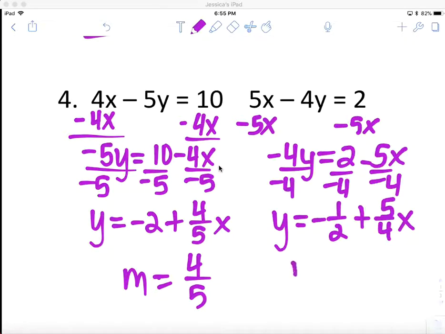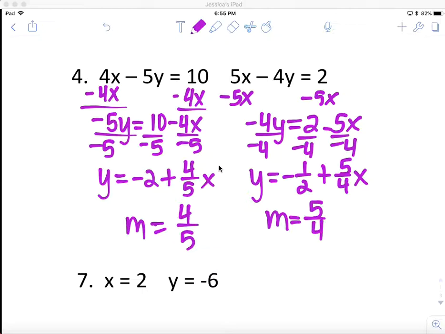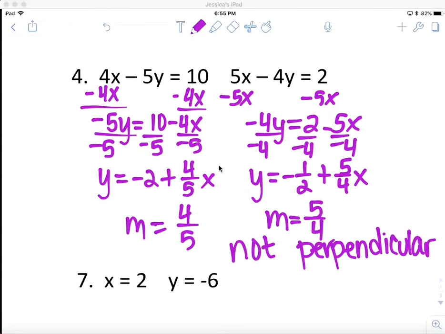My slope here is positive 5/4. These are reciprocal, but they are not opposite, which means on number 4, these are not perpendicular. Go ahead and try number 5, pause the video, and restart it when you're ready to check with me.